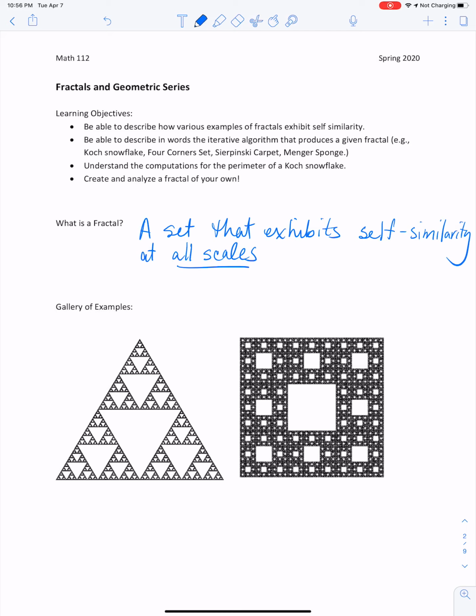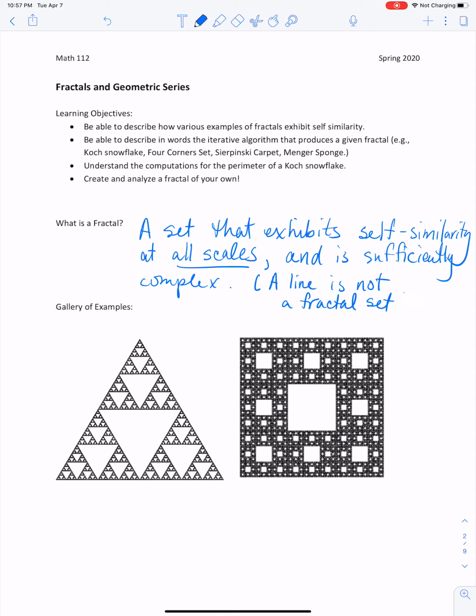Because I don't really want to talk about fractal dimension in this setting, I'm going to abbreviate that by saying "and is sufficiently complex." So for example, a line is not a fractal, even though it does exhibit what we'll call self-similarity at all scales.